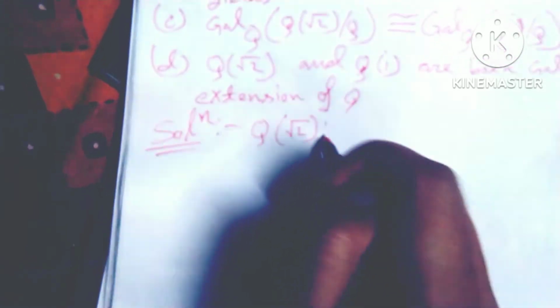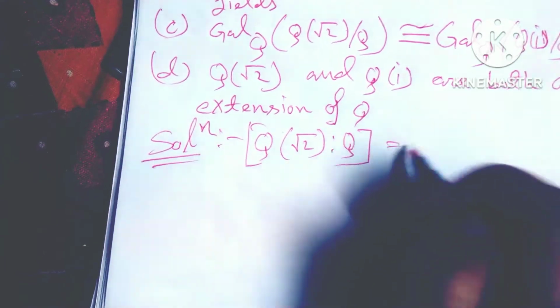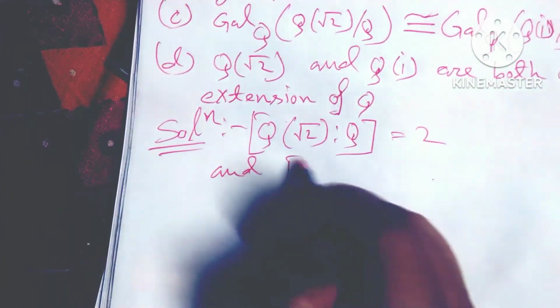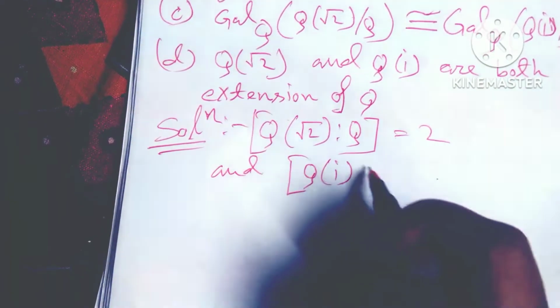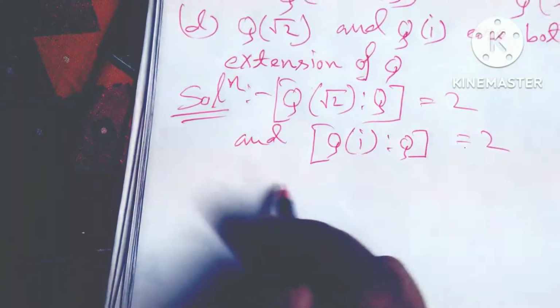Q(root 2) such that [Q(root 2):Q] equals 2, and Q(i) such that [Q(i):Q] equals 2.